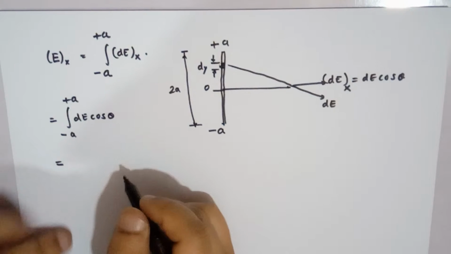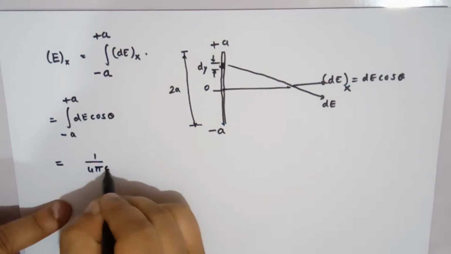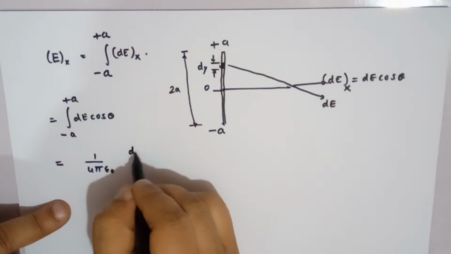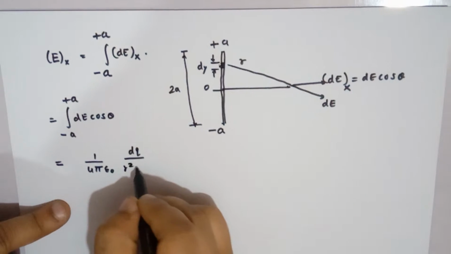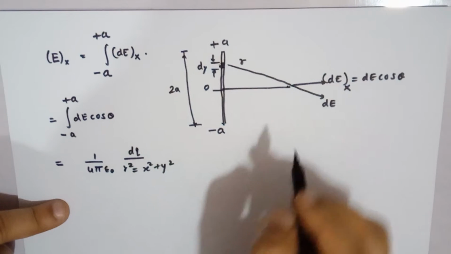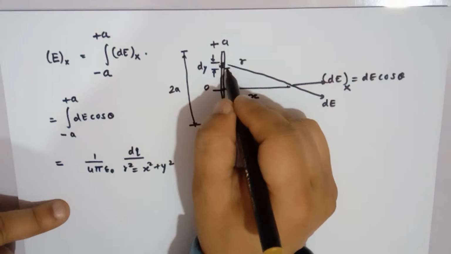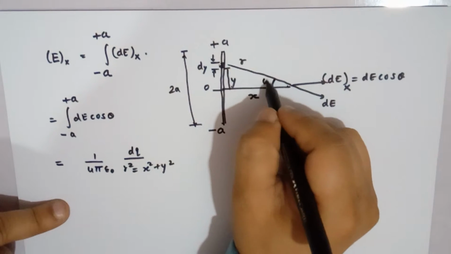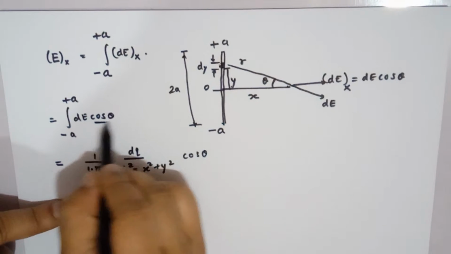So dE here is, as we already calculated, 1 upon 4 pi epsilon naught dq upon r square, and r square we already calculated was x square plus y square. That portion was x, and that portion from here to here was y, and that was the angle theta, and cos theta is there because of this portion.